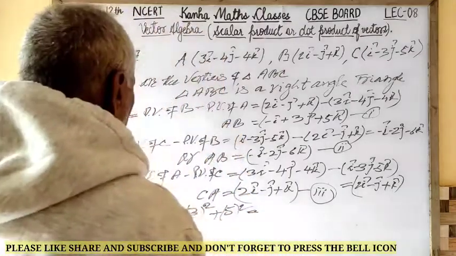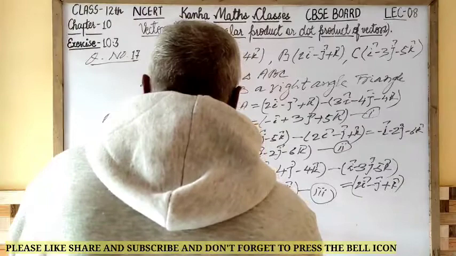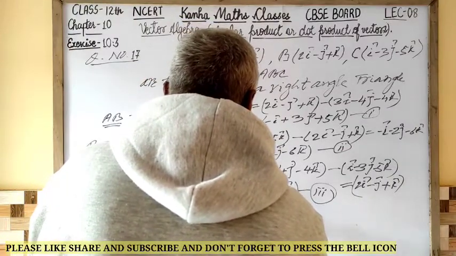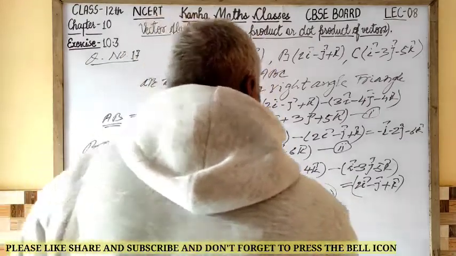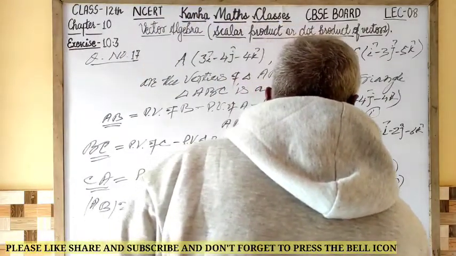This is 1 plus 9 plus 25, which is equal to 35.